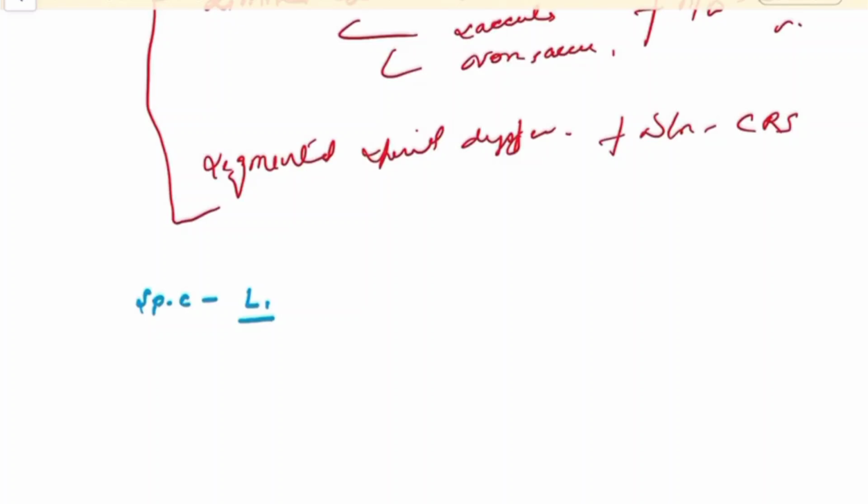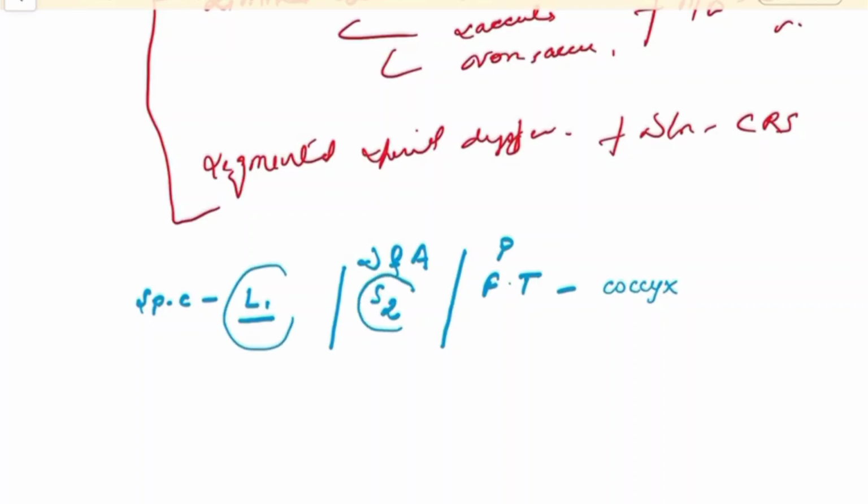The conus ends at the lower border of L1. The dura and the arachnoid mater continue up to the S2 level, and the pia mater below the conus becomes the filum terminale.